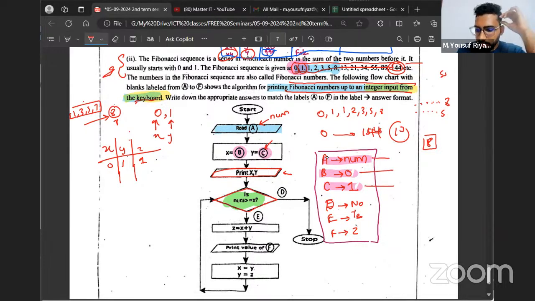Up to here, is it clear to all of you? What if the input is 0? If the input is 0, then only 0 is going to get displayed. Only 0 and 1 is going to get displayed.